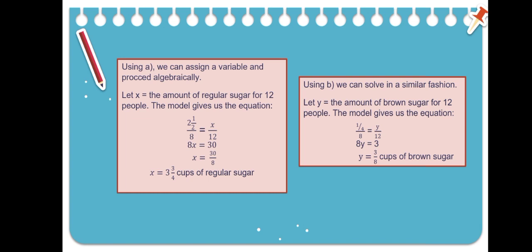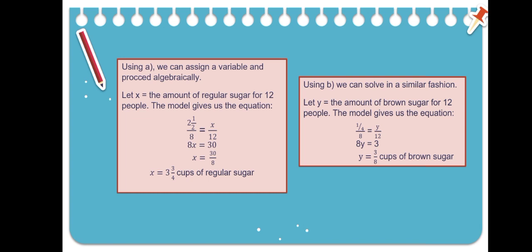Using B, we can solve in a similar fashion. Let y be the amount of brown sugar for 12 people. And then the model gives us this equation: 1/4 over 8 is equal to y over 12. So again, cross multiply. So 8y is equal to 12 times 1/4, which is equal to 3.